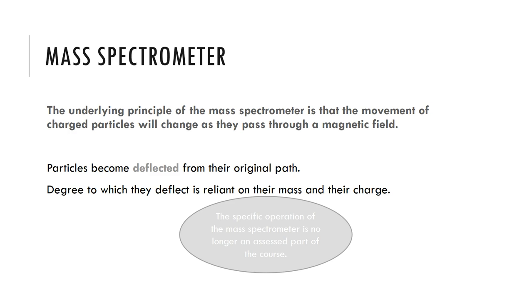Okay, so the underlying principle of this is that the movement of charged particles will change as they pass through a magnetic field, and we'll look at a schematic of what the machine looks like. The particles are deflected from their original path, and the degree to which they deflect is reliant on their mass and charge. This is sort of like a bowling ball and a ping pong ball analogy.